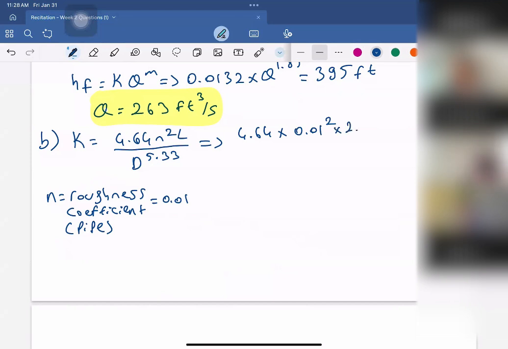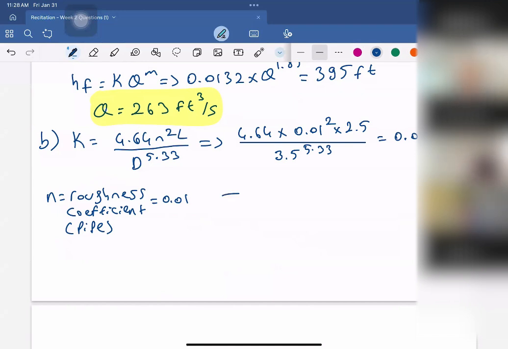It is 2.5, and there is 0.5. Here, the K is 0.00771.